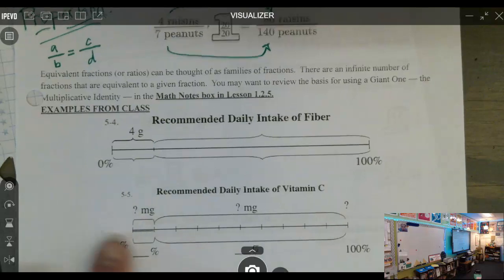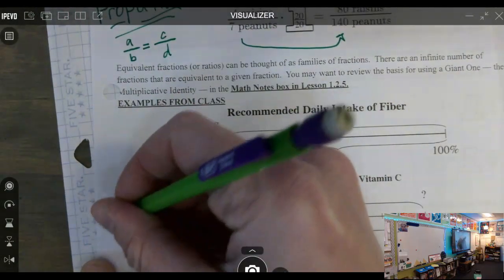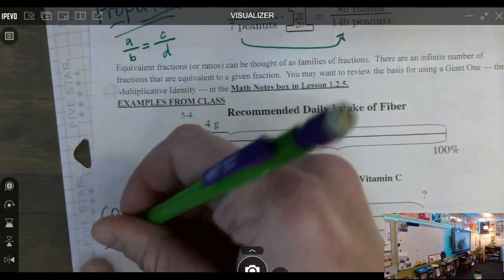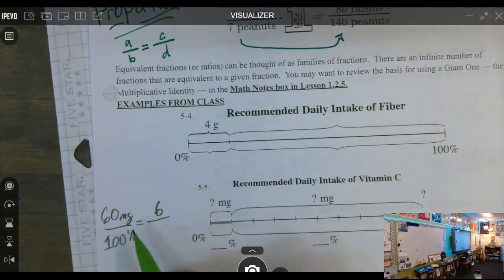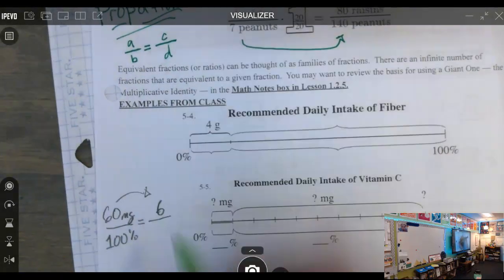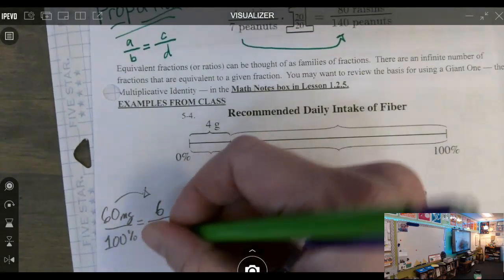And guys, a note you might be making on your paper is if 60 milligrams is 100%, how does Risa get down to 6 milligrams? Divide by 10, right? So what percent is that going to be? 10%.